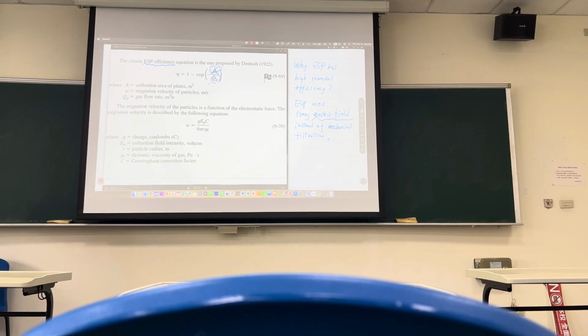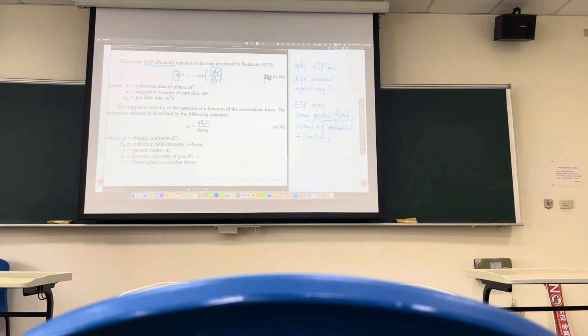So this is how you calculate the ESP efficiency, eta. Based on the formula, you will know the higher the A, the collection area, the better the efficiency.